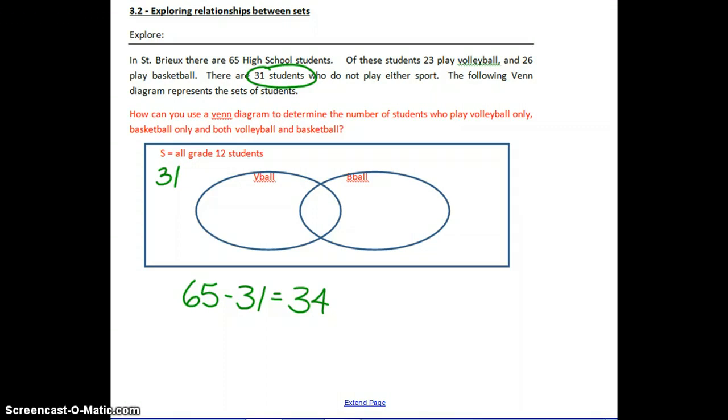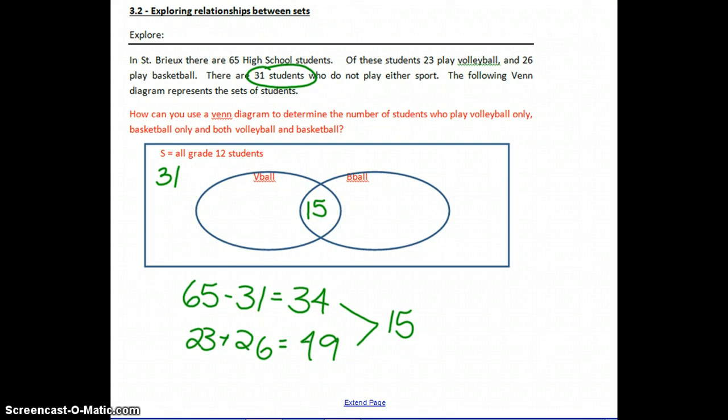Now, we know that there's 23 who play volleyball and 26 that play basketball, so that's 49 in total. So the difference between the 49 and how many students we have left, 34, is 15, and that's going to be the number that we have overlapping.